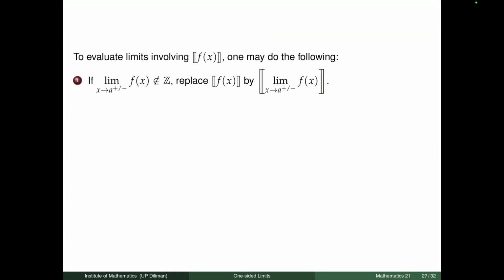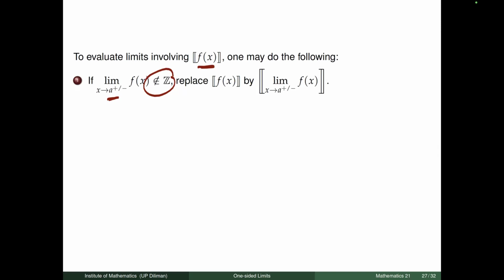So what is an easier way? So to evaluate limits involving the GIF function, one may do the following. If the limit of the argument inside, whether x approaches a from the right or from the left, is not an integer. Ibig sabihin, pag fraction siya. So the limit of the GIF is just the GIF of the limit.